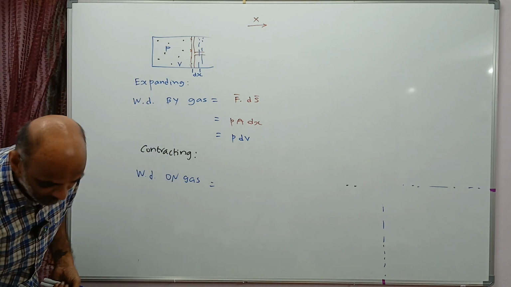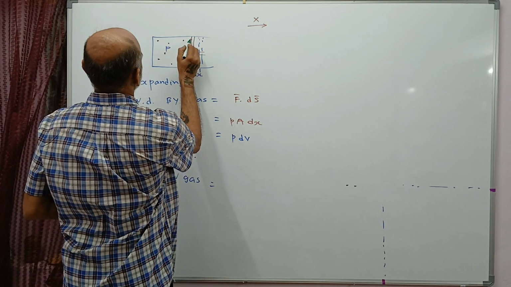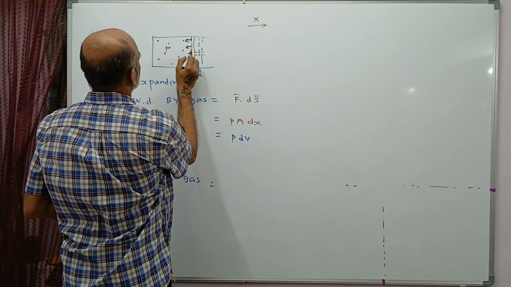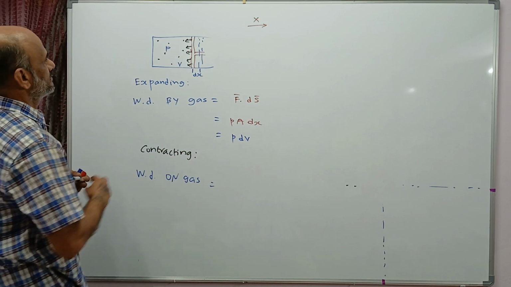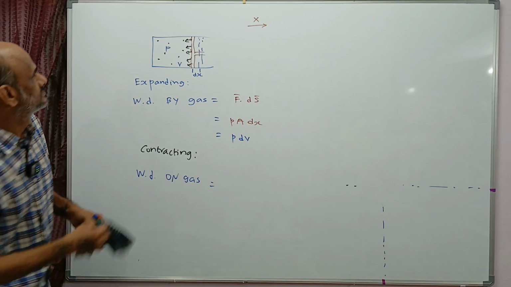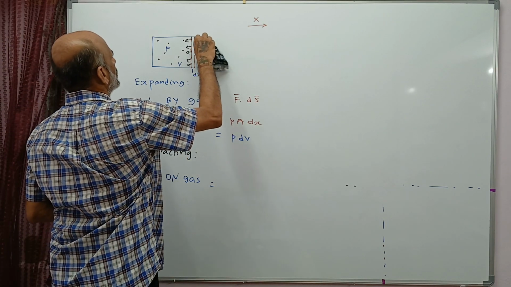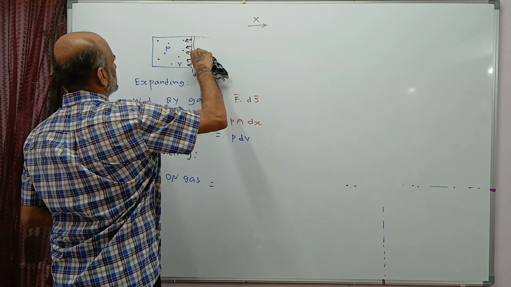So the force exerted by the piston on the gas will move in this direction, and the piston will move towards left, opposite to what happened when it was expanding.